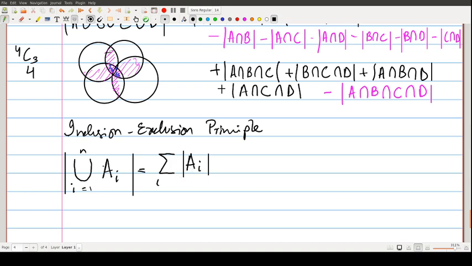So the individual sets from i equals 1 to n.